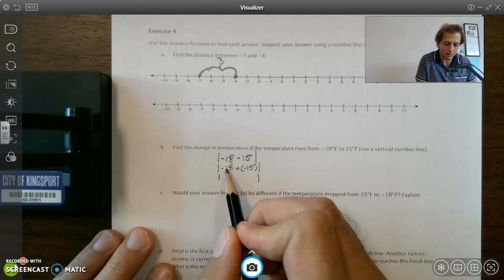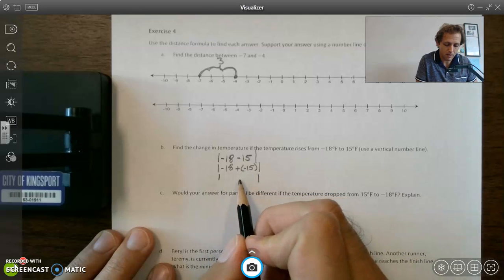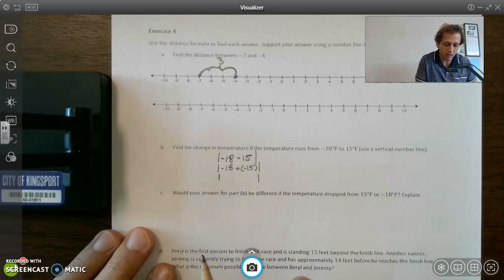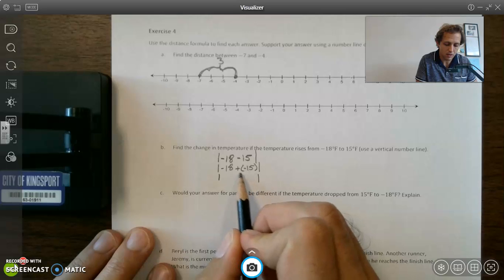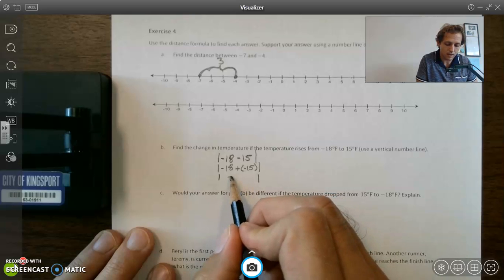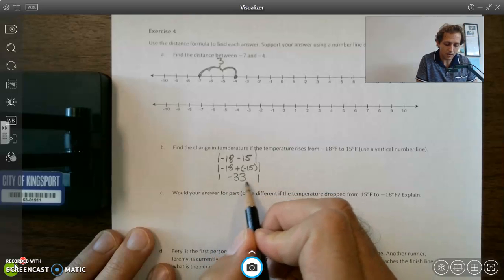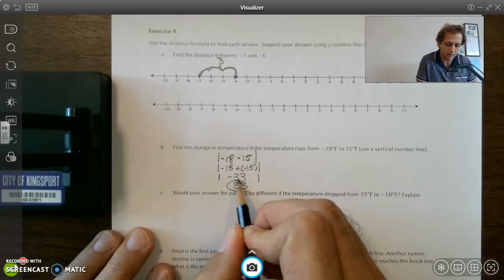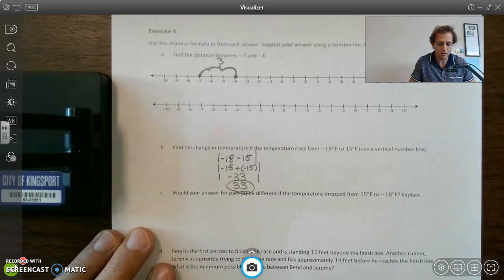And I know that if the signs are the same, and we're doing addition, I can just add them together. -18 plus -15 is going to be 10 and 10 is 20, 8 and 5 is 13. So that's -33, and the absolute value of -33 is 33. So that my distance is 33.